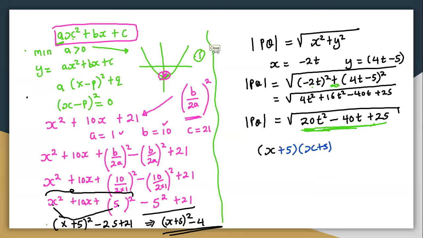Okay, teacher, I think we get x squared plus 5x plus 25. I think this is supposed to be 10, Martina. Oh, plus 10x, okay. Plus 25. Yes.